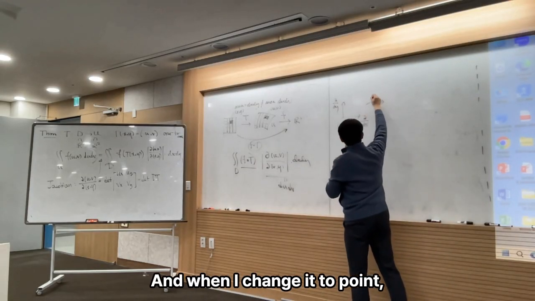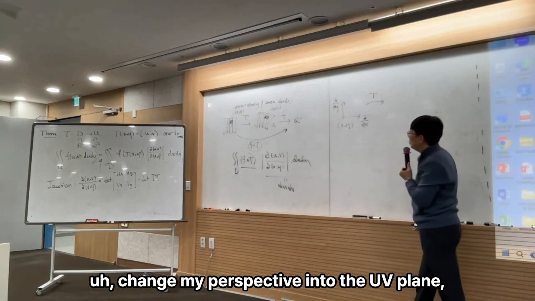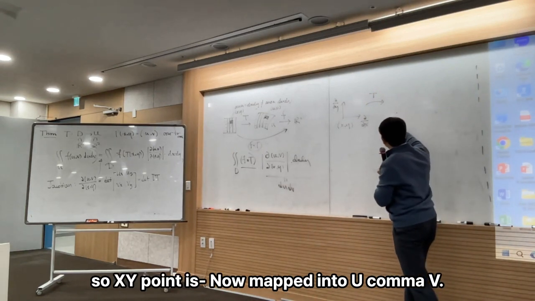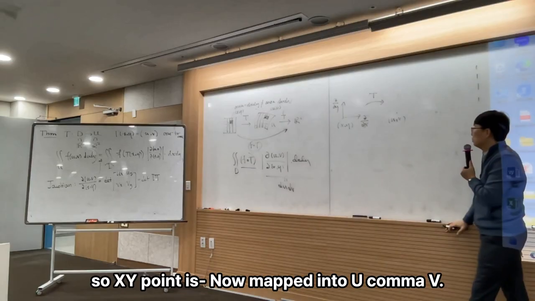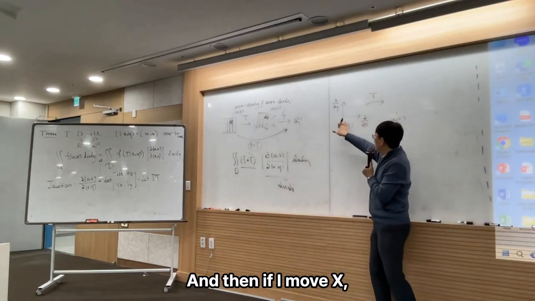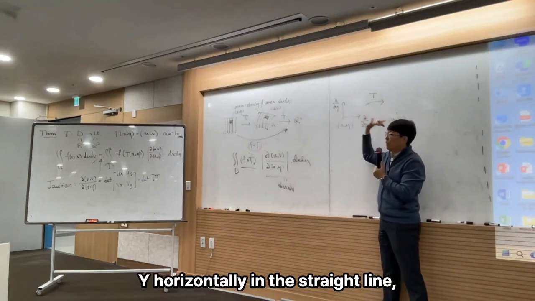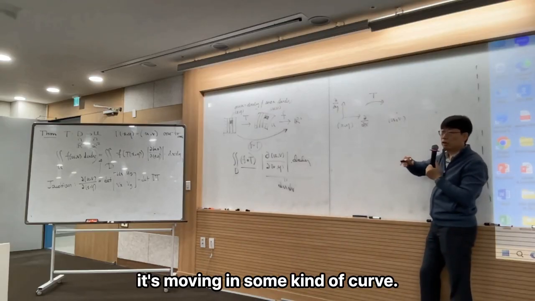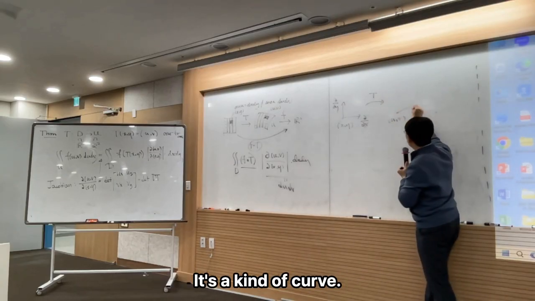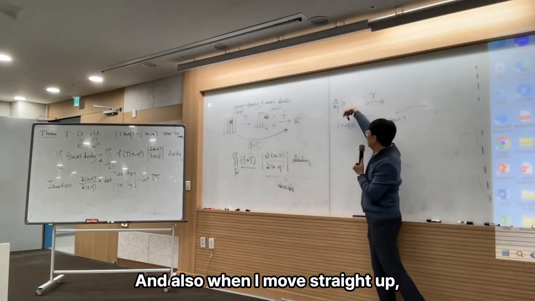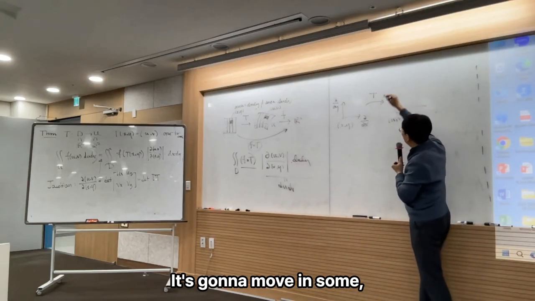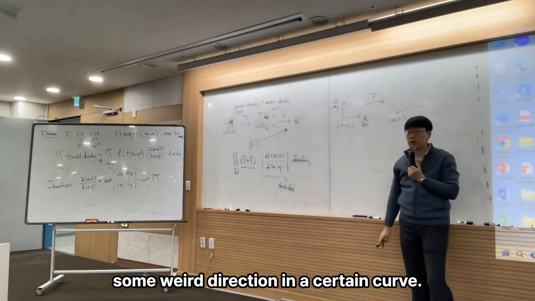And when I change my perspective into the UV plane, the xy point is now mapped into u comma v. And then if I move xy horizontally in a straight line, the point uv is not moving horizontally in a straight line. It's moving in some kind of curve. And also when I move straight up, it's not going to move straight up in the UV plane. It's going to move in some weird direction in a certain curve.